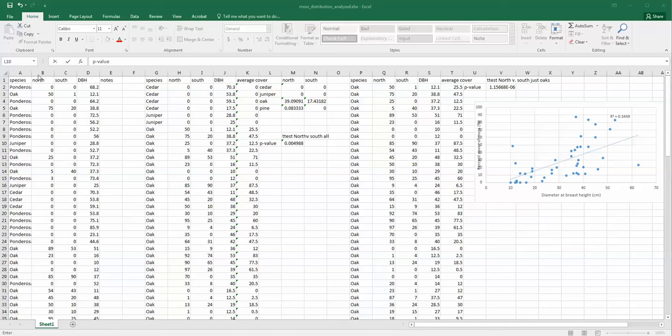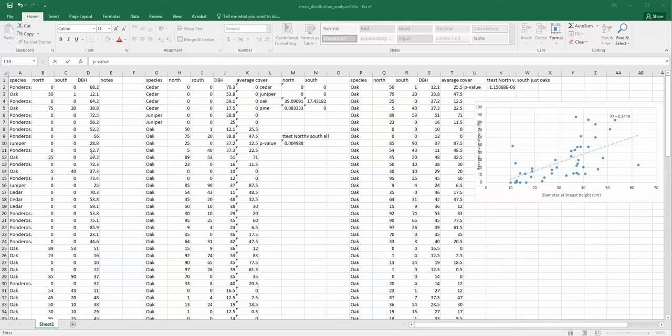In this column, we have the species. In this column, we have the percent cover of moss at a half meter above the ground on the north side. In this column, we have the percent cover of moss about a half meter above the ground on the south side.